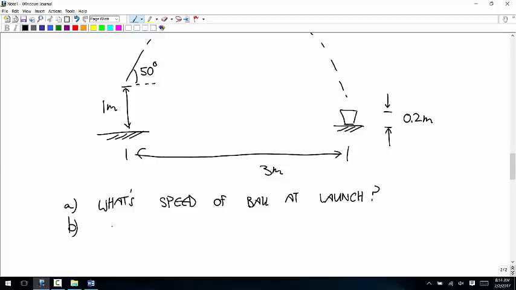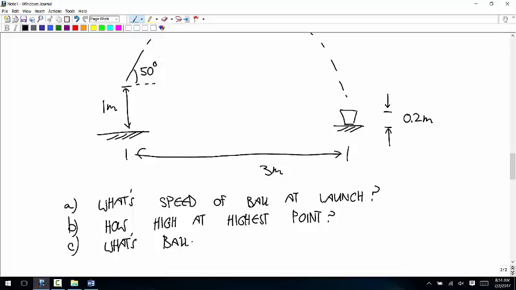Second, how high is the ball at the highest point? And third, what's the ball's velocity just before it hits the cup?